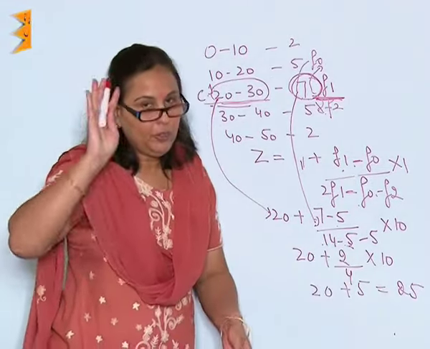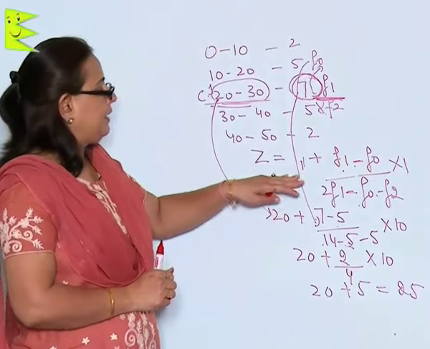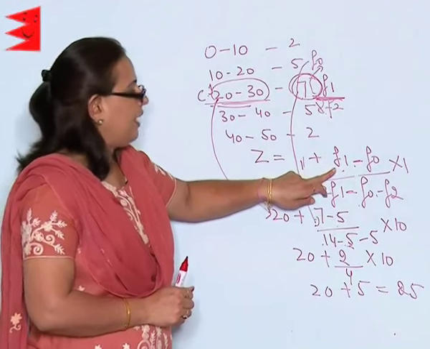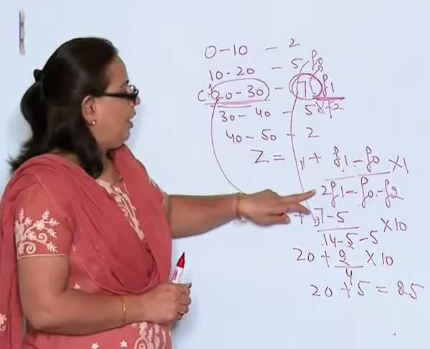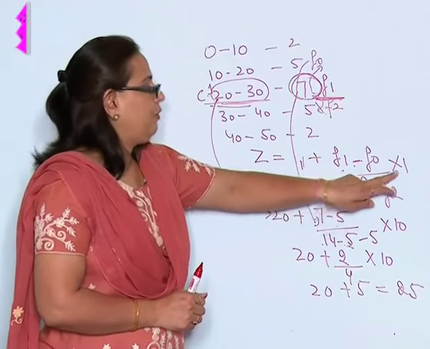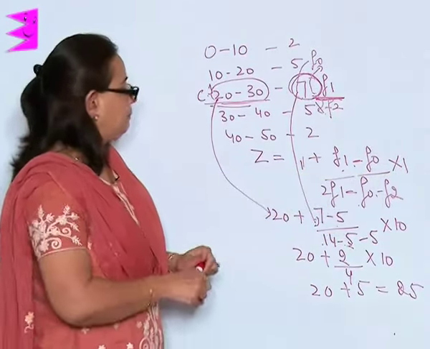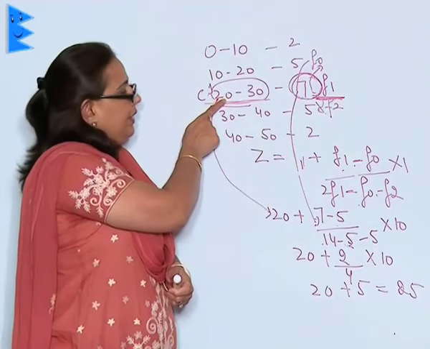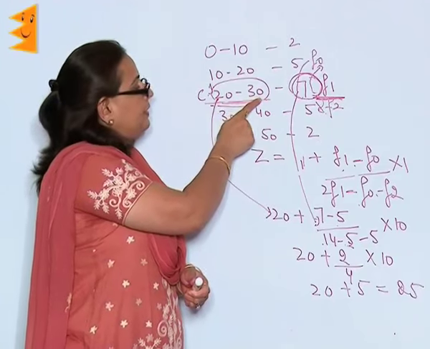Remember the formula you have to apply properly, and that is the lower class limit plus F1 minus F0 upon 2F1 minus F0 minus F2 into class interval. Once again, the lower class interval that I have is 20 and the higher is 30.